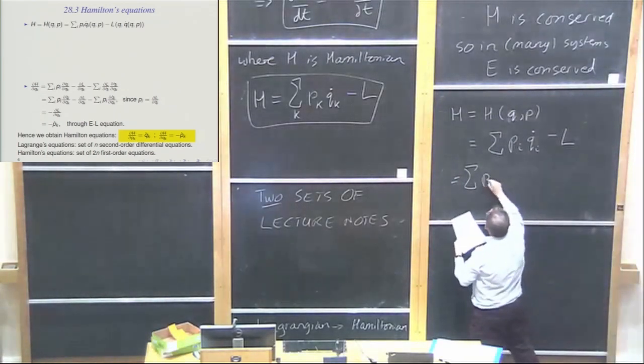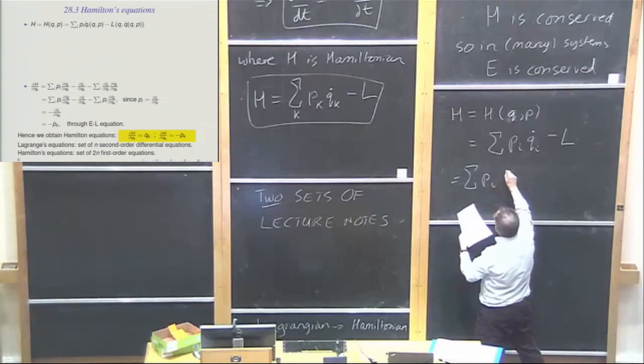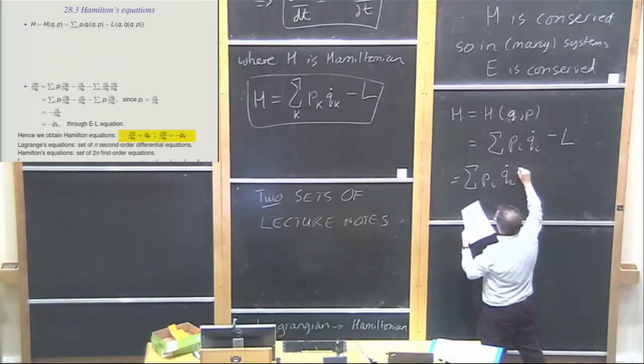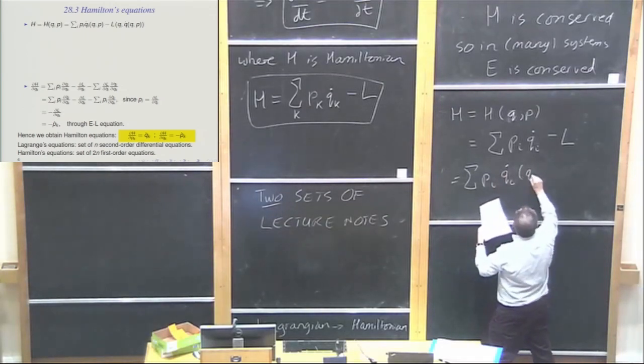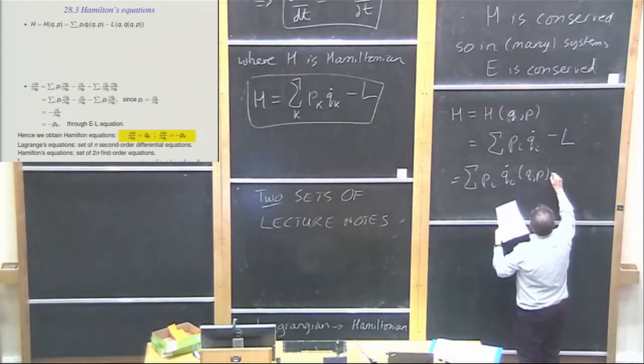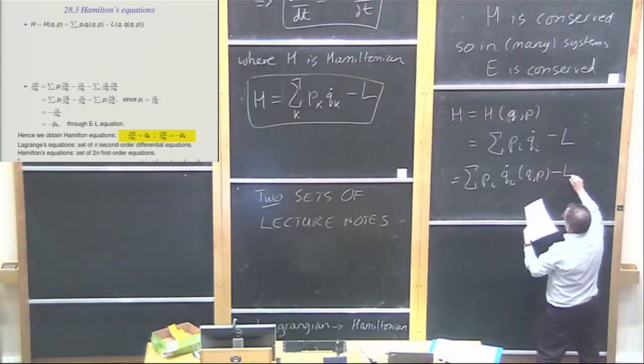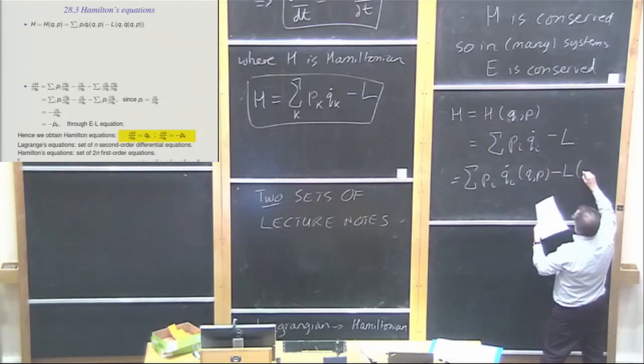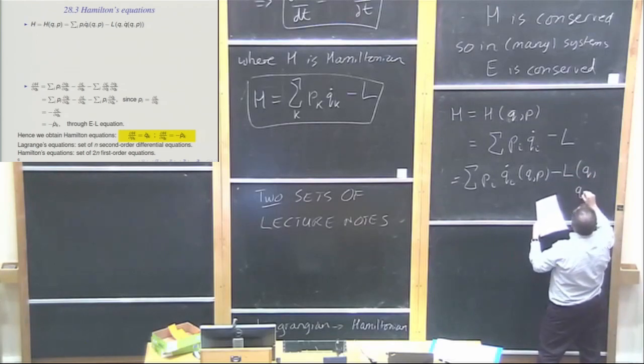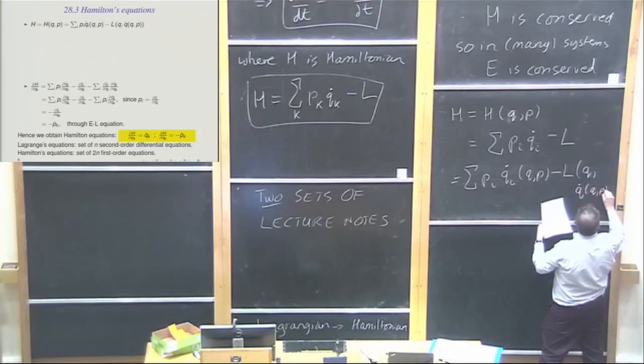So p_i we want to work in remains as it is, but q_i dot is a function of q and p, and the Lagrangian is a function of q, q dot, and p.